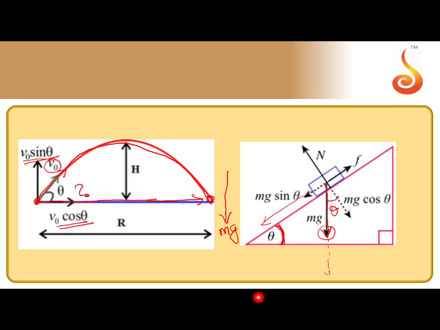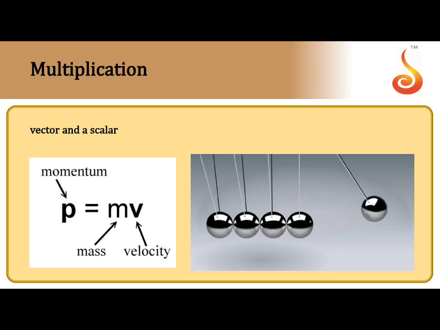Then split mg into two vectors, one here, one here. Adjacent to theta, you will get cos theta. Opposite to that, you will get sin theta. This mg cos theta will provide the normal reaction. Mg sin theta will provide the acceleration to slide down. So we are splitting the mg vector into two rectangular components, mg cos theta and mg sin theta. This is about resolution of vectors.